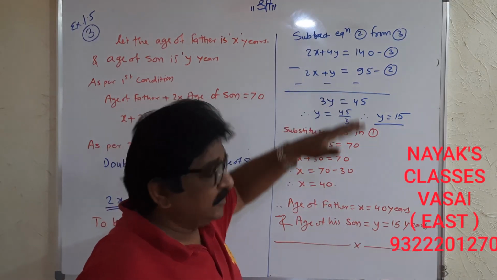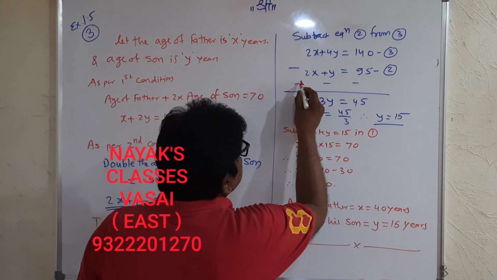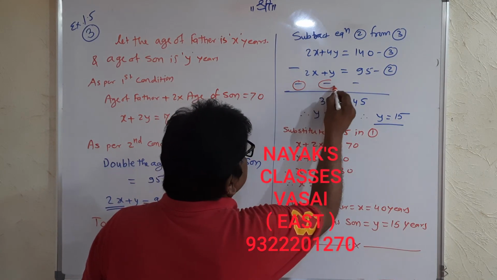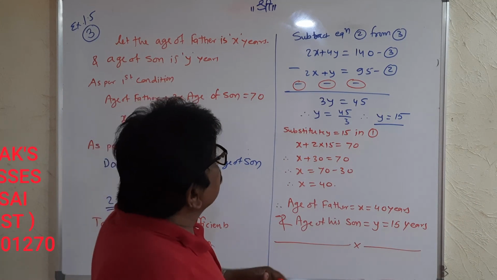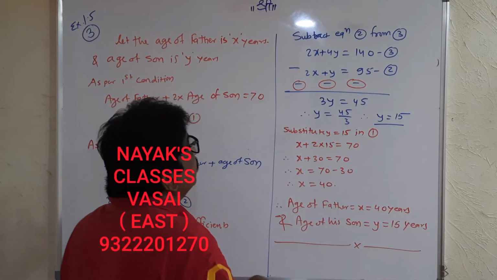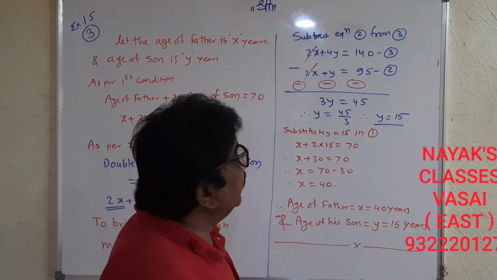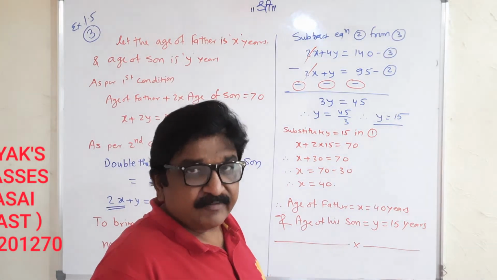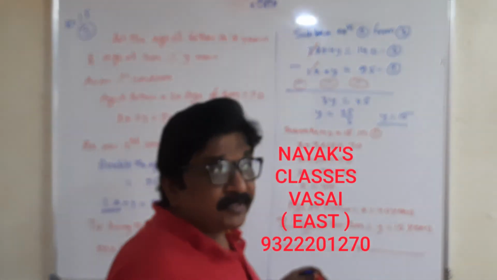The signs will change; remember changing these signs. So these two will get cancelled, and 4y minus y is equal to 3y, and 140 minus 95 is 45.